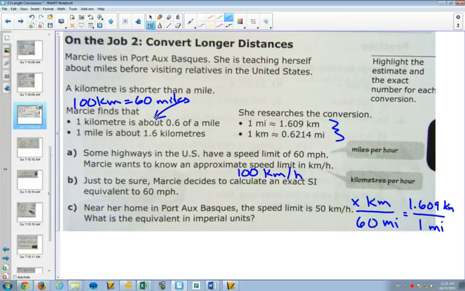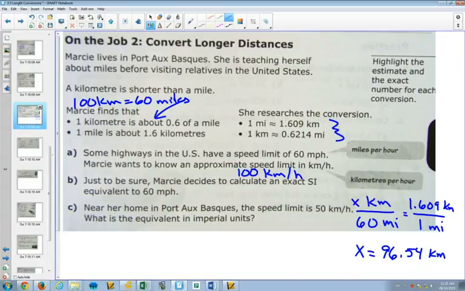They're not quite the same answer. So for example, if I use this one and now I multiply by 60, I get that it is 96.54 kilometers. So if I would use that one, I would get that amount. If I would use the other one, how close is it?